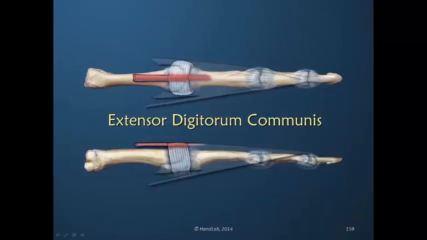The extensor digitorum communis is called the extensor digitorum communis until it is distal to the sagittal band. At that point in time, it becomes the central slip of the dorsal apparatus. Although the extensor digitorum communis has a significant influence on the dorsal apparatus, it does not continue straight out the finger to extend the interphalangeal joints primarily.